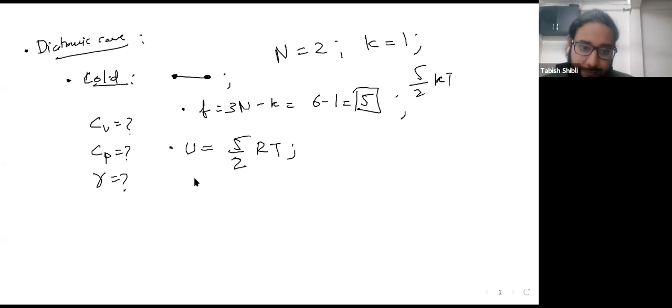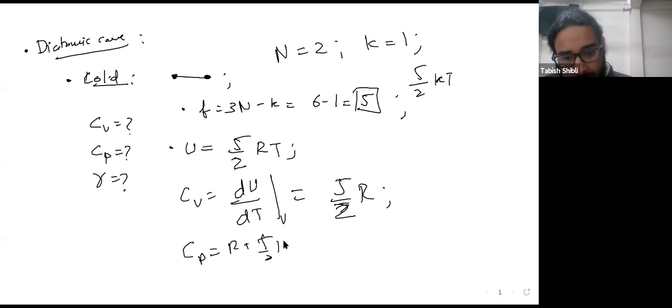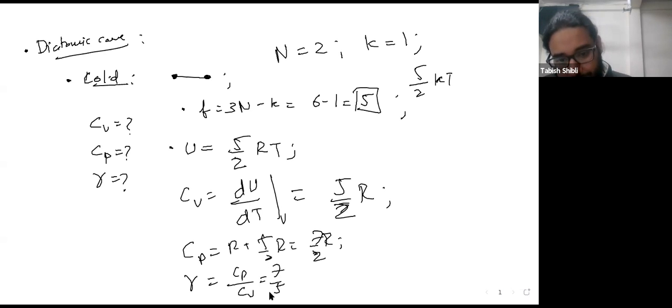Once you have this, you can calculate CV by using du by dT at constant V. इसमें V का कोई dependence है नहीं, so lovely. So this is just 5 by 2 R. You got CV. CP is R plus 5 by 2 R, which is 7 by 2 R. And gamma is CP divided by CV, which is 7 by 5.